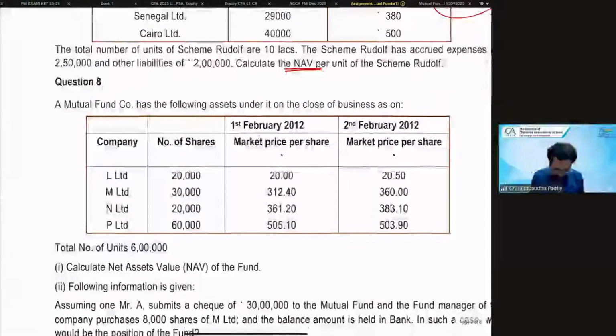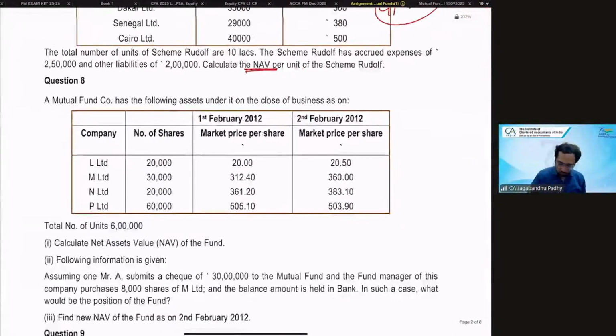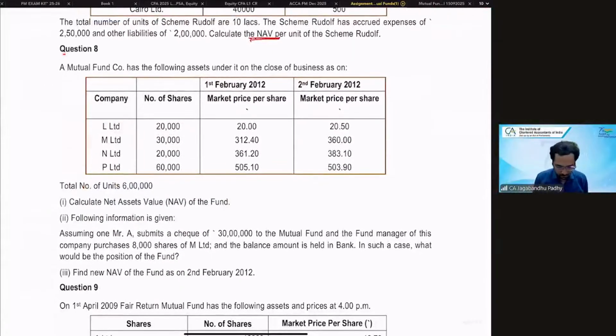Okay, let's look at question 8. We have 4 companies of investment, number of shares held, market price on 1st Feb and market price on 2nd Feb. The total number of units outstanding is 6 lakh. Calculate the net asset value of the fund.